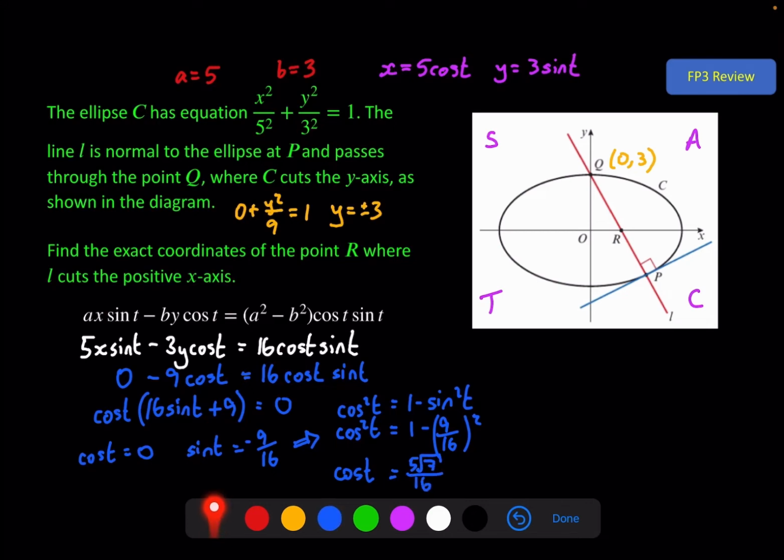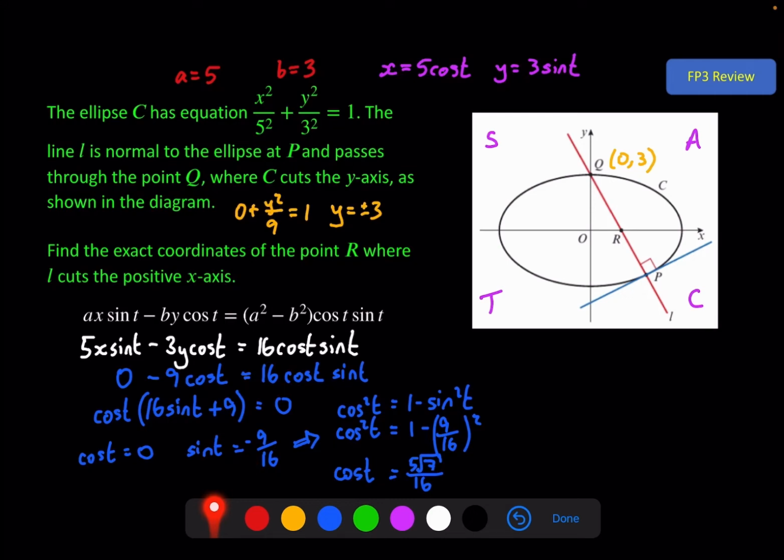And again, I've taken the positive root specifically because I know it's this line with p in this quadrant, not the line over here where p would be in this quadrant, which would mean I would have to have a negative. So I'm choosing that to coincide with the p here, and that gives me everything I need to know about this line. T in here, or more to the point, sine t and cosine t in here, I know what these two values are.